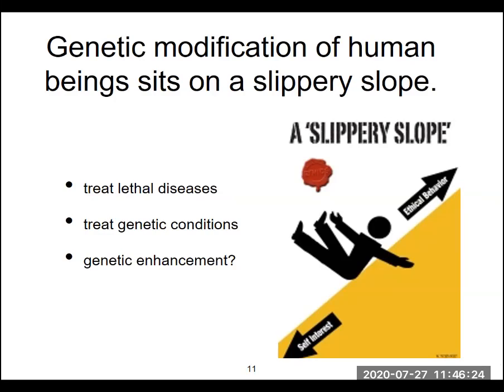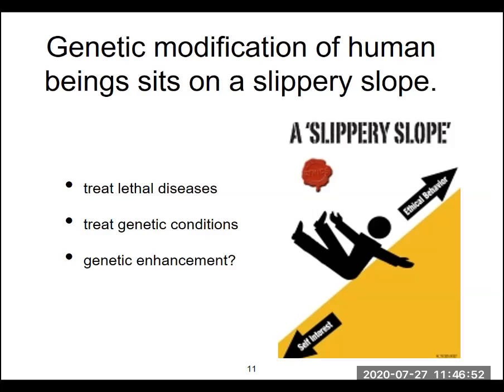I think some individuals are going to say, if we can minimize suffering and improve the quality of life, that's a good idea. Others may say it's a great benefit to correct a lethal disease and not have the person die, but there are risks with all of this. And are the risks outweighing improving the quality of life for an individual? That's a little bit further down our slippery slope.